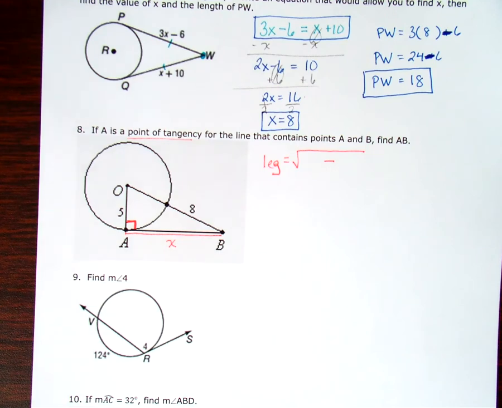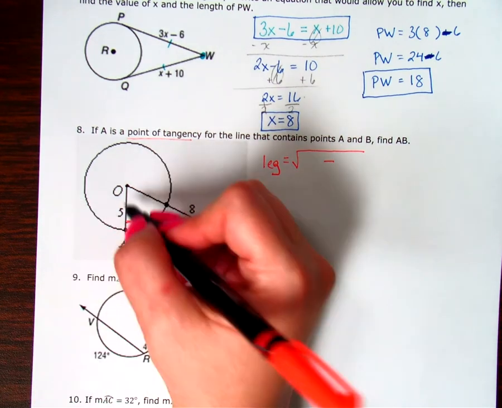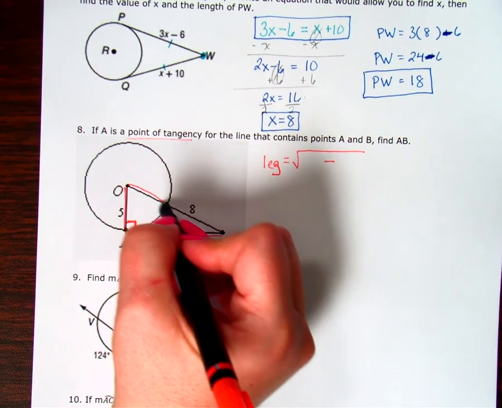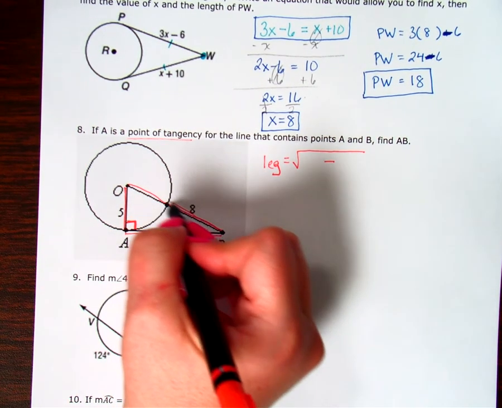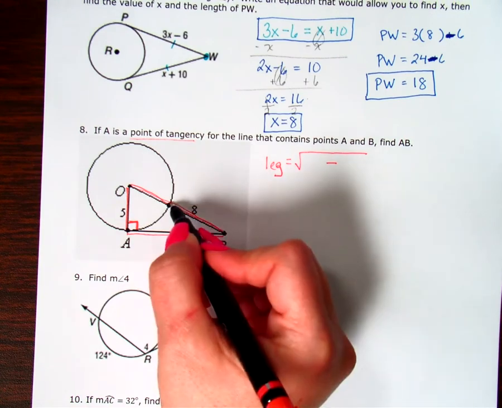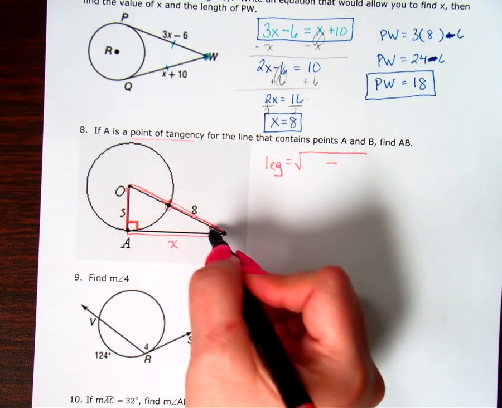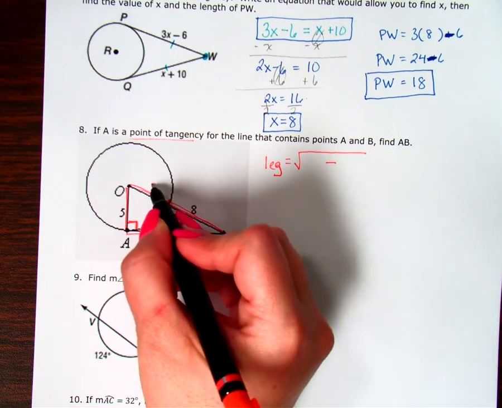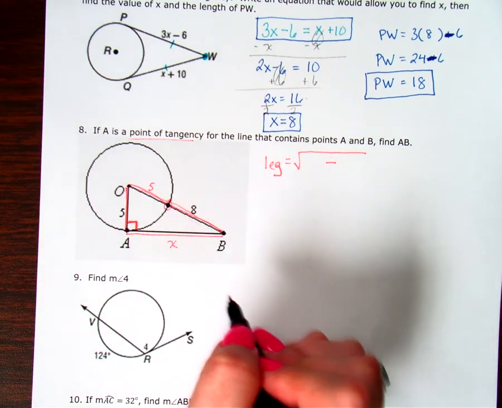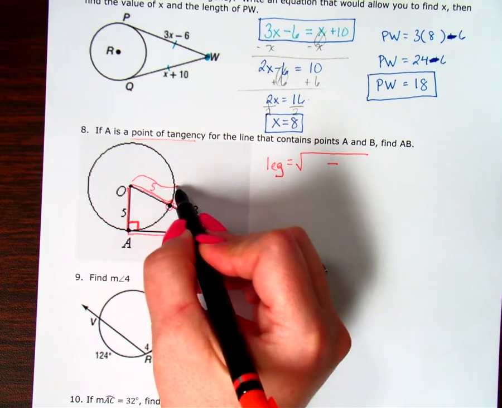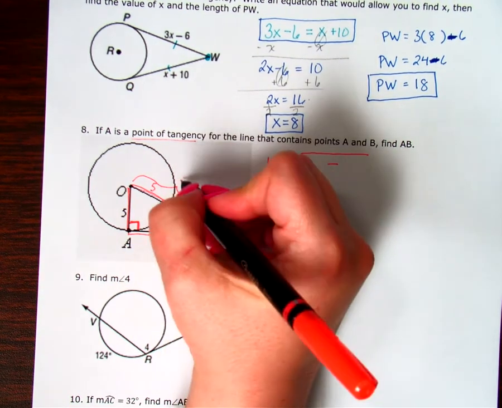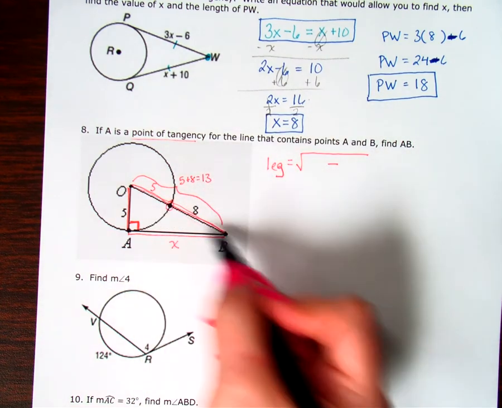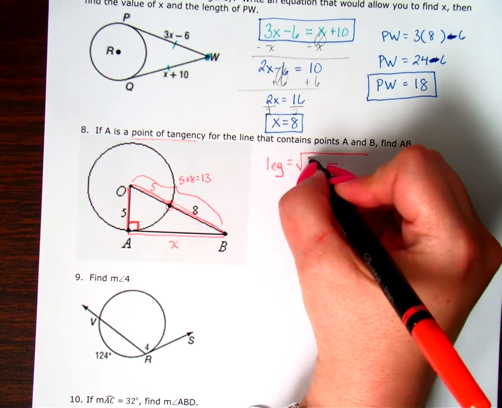Okay? My two numbers that I'm going to work with are 5 is one side, and then how long is the other side? It's real tempting to say that it's 8. However, because there's an intersection right here, that 8 is only the piece outside the circle. This radius here is still 5, which means this whole hypotenuse is really 5 plus 8, 13. So 13 and 5, always put the bigger number in first.